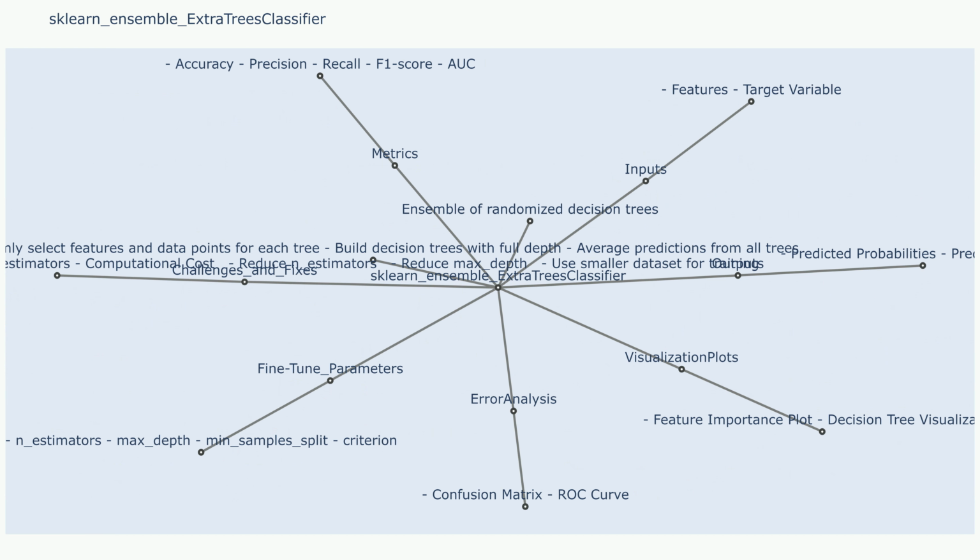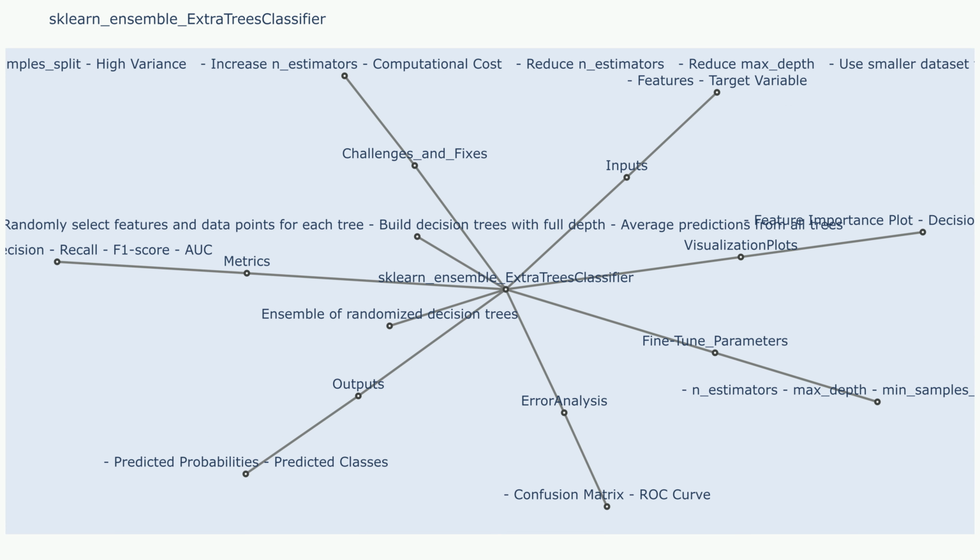Max features, the number of features to consider when looking for the best split at each node. Uncertainty methods: out-of-bag (OOB) error uses the trees that were not trained on a specific data point to estimate the uncertainty for that point. Confidence intervals can be calculated for the predicted probabilities, providing a measure of uncertainty about the prediction.